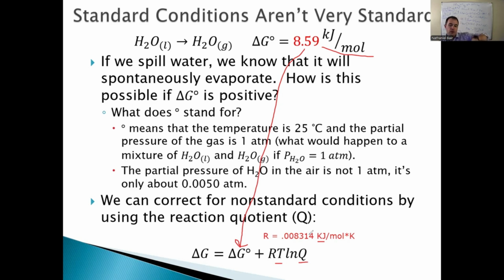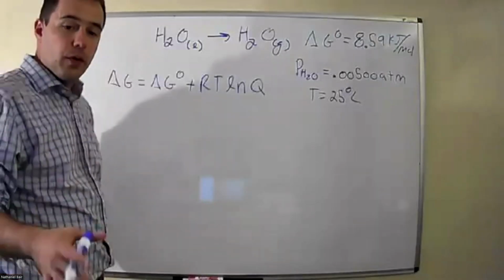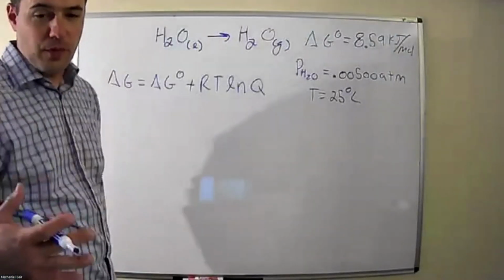So if you give me a second, we will actually solve for delta G non-standard for water, and we're going to prove that water does indeed evaporate spontaneously. I know it's very riveting. You guys probably never thought, oh my goodness, tonight we're going to prove mathematically that water will evaporate at 25 degrees Celsius, but surprise, surprise, here we are.